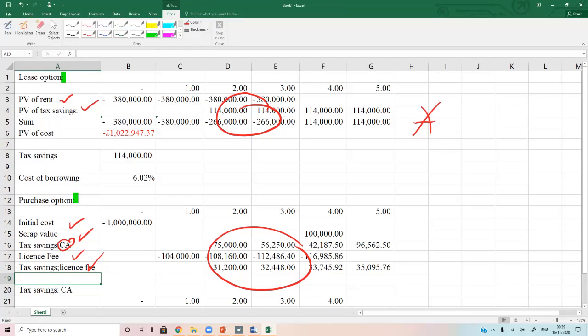So is that a financing cash flow or investment cash flow? Daisy, that's financing or investment cash flow?